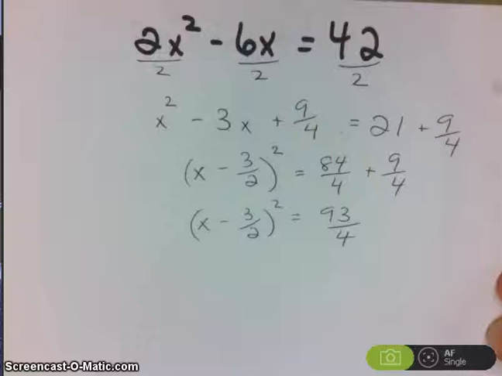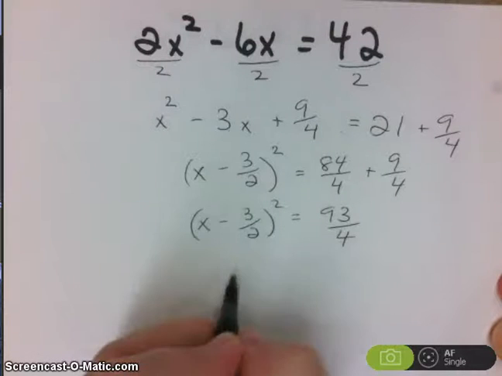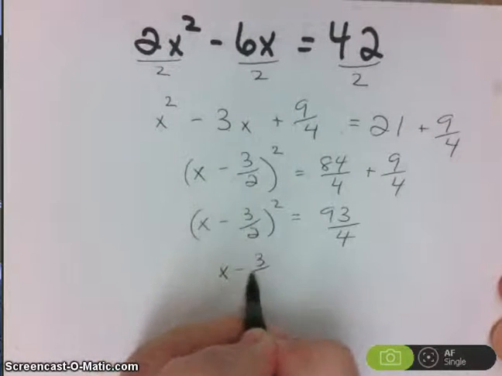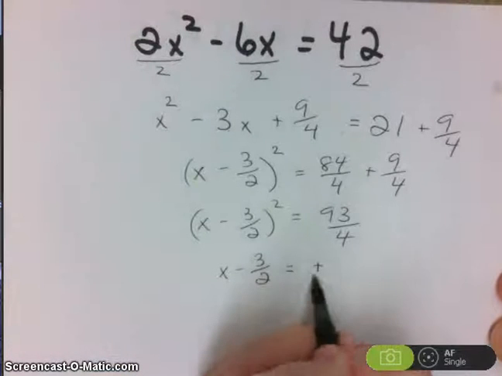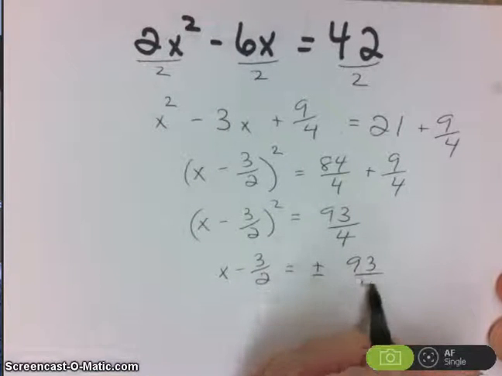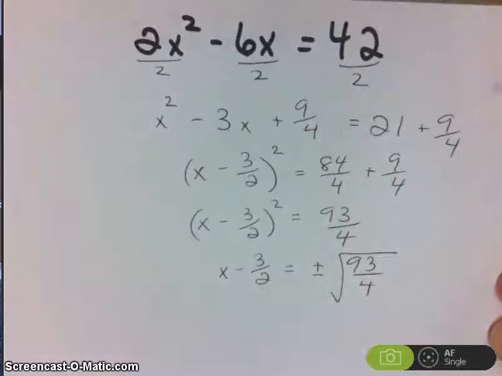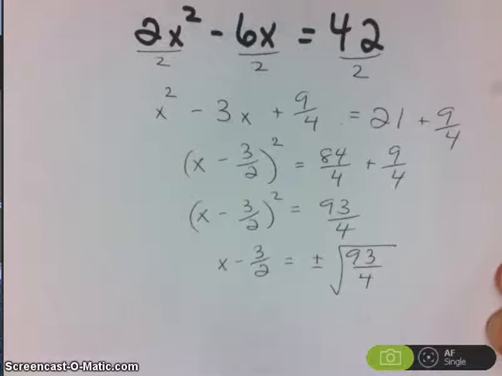And I'm in a position now where I can take the square root of both sides. So I'm going to take the square root of both sides and get x minus 3 halves on this side, and this is plus or minus the square root of 93 over 4. Again, I hope you're recognizing that this 4 is a perfect square, so we can square root it. So I'm now going to isolate x, moving this 3 halves over to the other side.